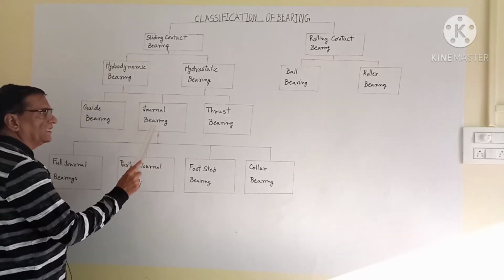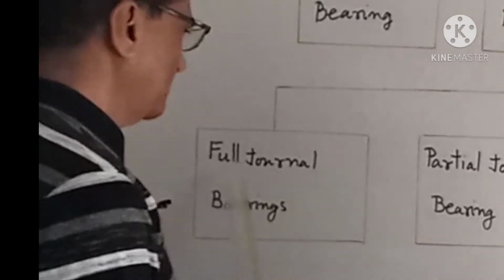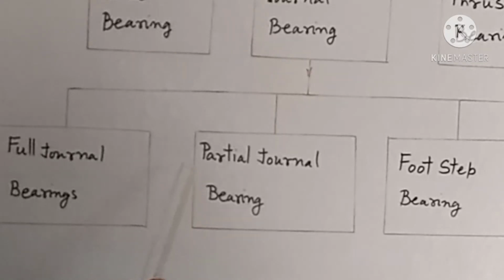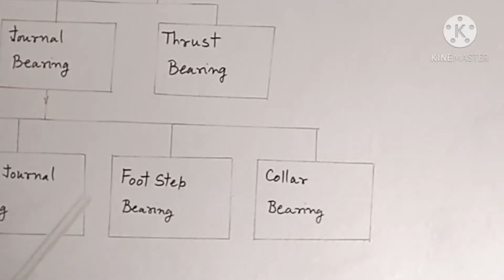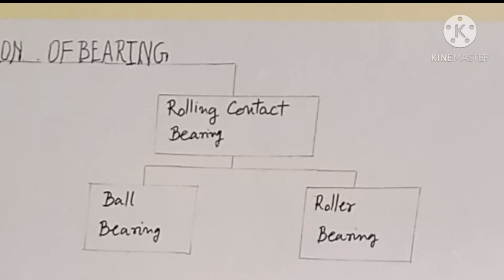Now, journal bearing is again classified as full journal bearings or partial journal bearings, foot step bearing, collar bearing.